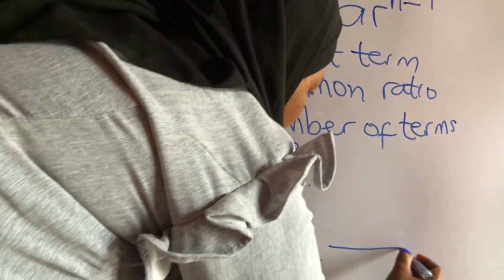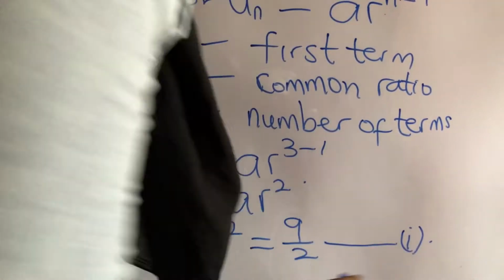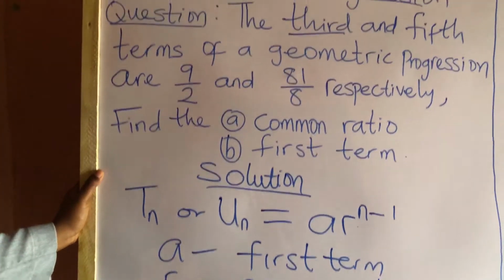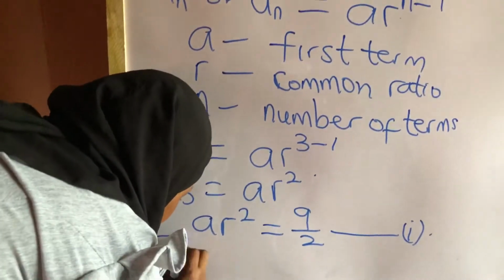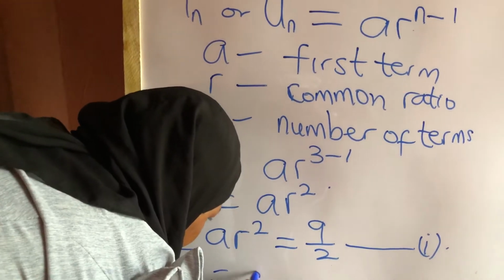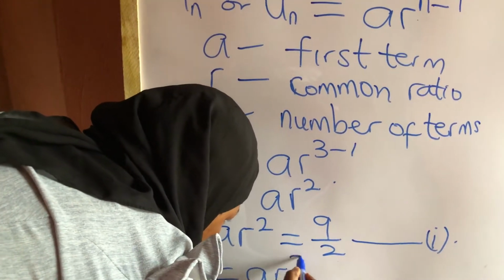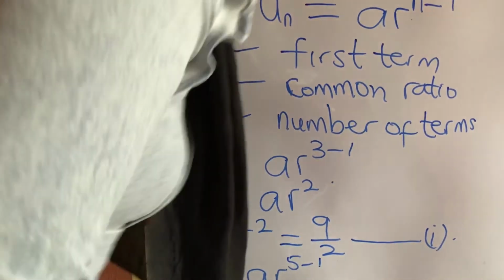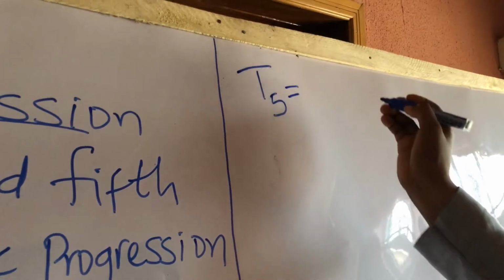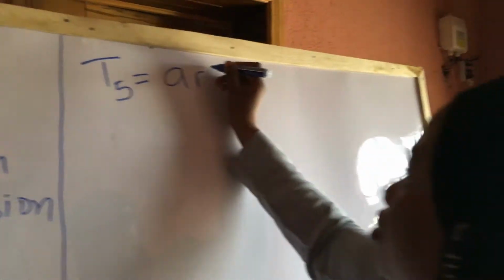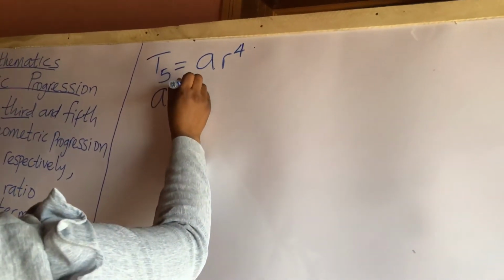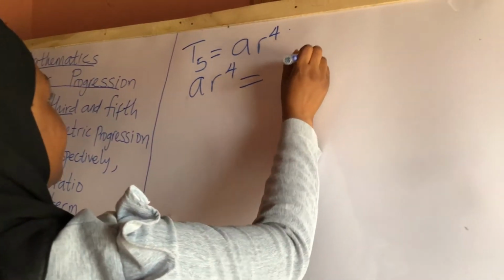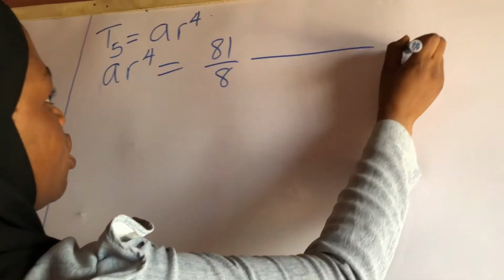Call that equation 1. And the fifth term is equal to 81/8. So the fifth term will be equal to A multiplied by R raised to the power of 5 minus 1. So T5, the fifth term, is equal to AR raised to the power of 4, and it is equal to 81/8. Call it equation 2.